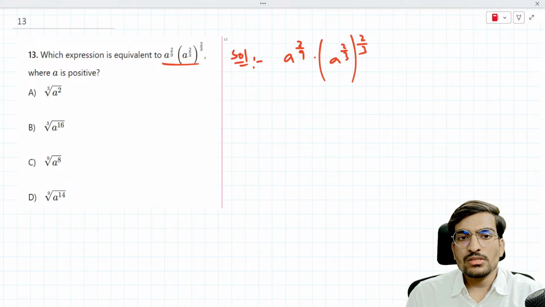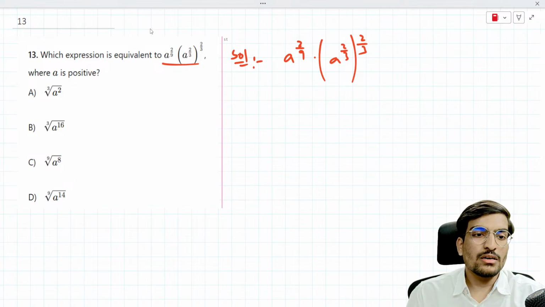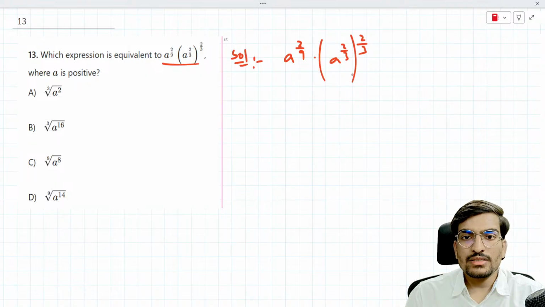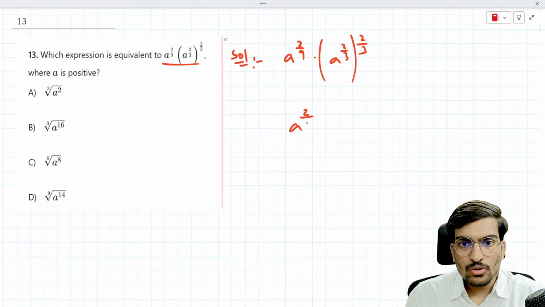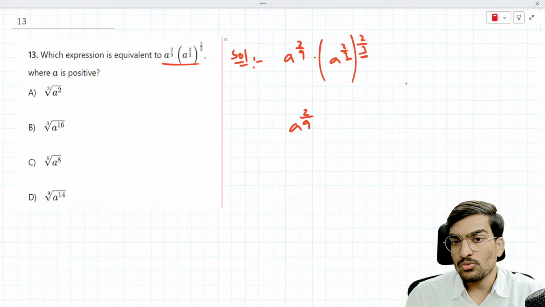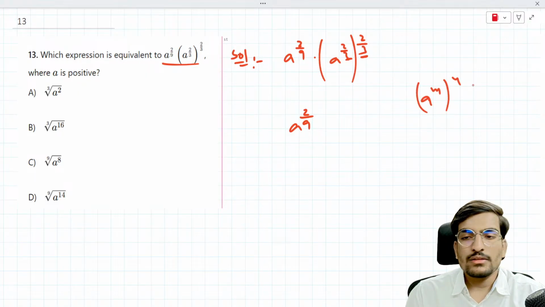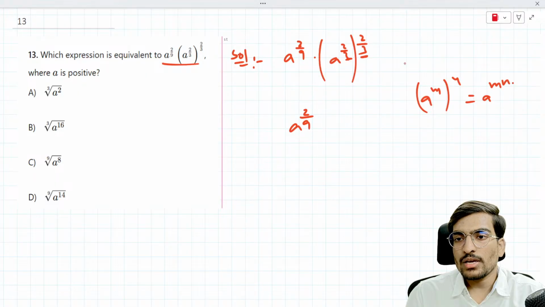Here you see these are in exponents, but the given options are in square roots, so we just have to get the root. a raised to the power of 2 by 9 as it is, but the other has two powers, so apply the power rule. The power rule says a power m whole raised to the power of n equals a raised to the power of mn. So just multiply. What do you get here? a raised to the power of 4 by 9.